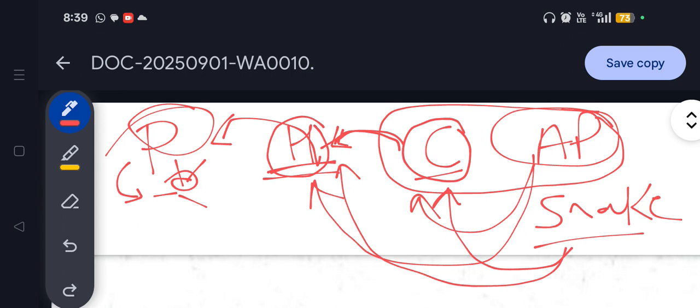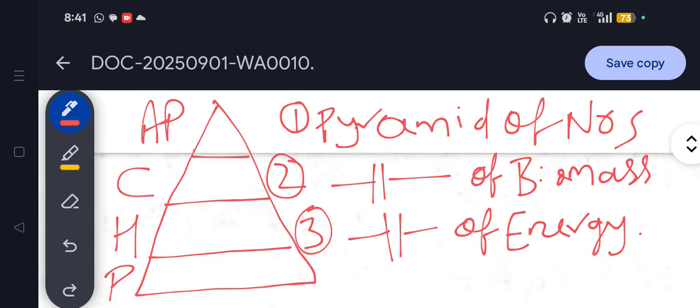And as you understood all these four components, now we will be moving towards the three important types of pyramids, and we will also discuss the inverted pyramid one by one. So let's start with the first pyramid, that is pyramid of numbers. Before we start, we have to understand the pyramid diagram as well.